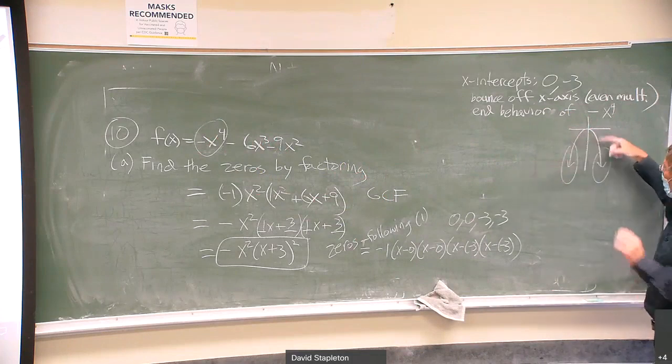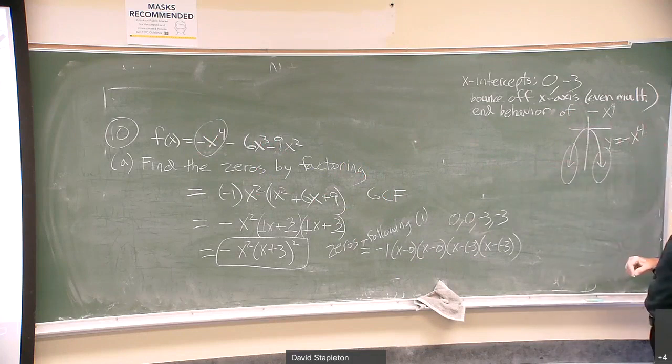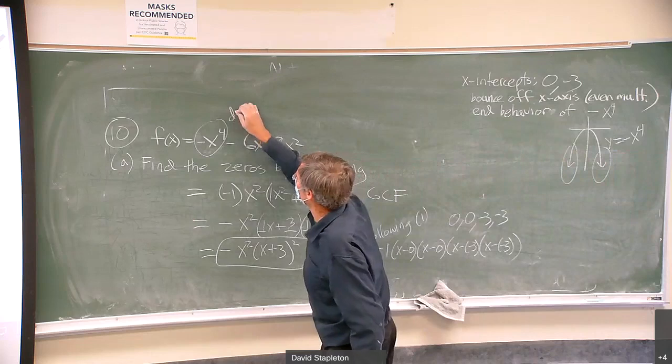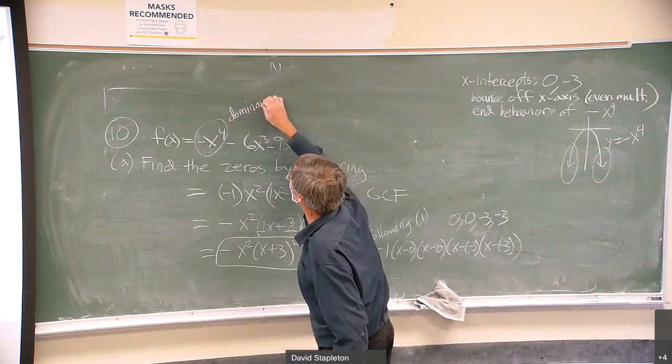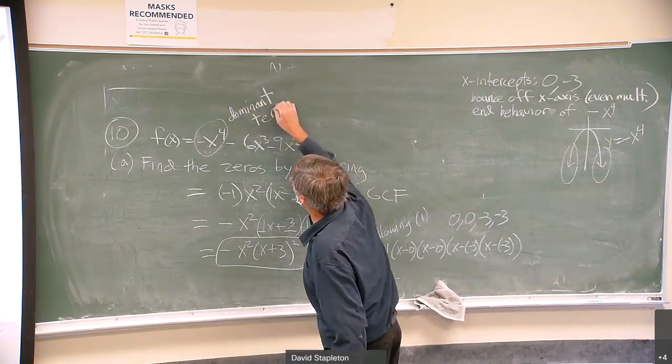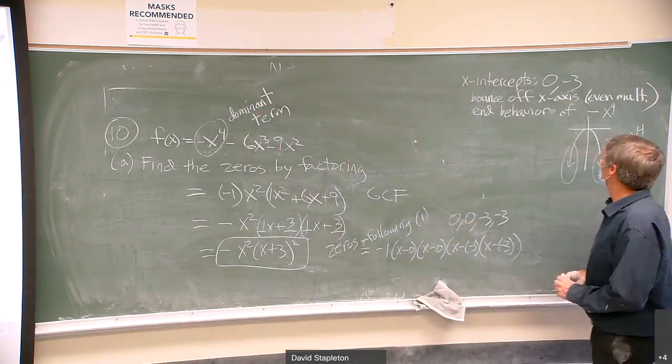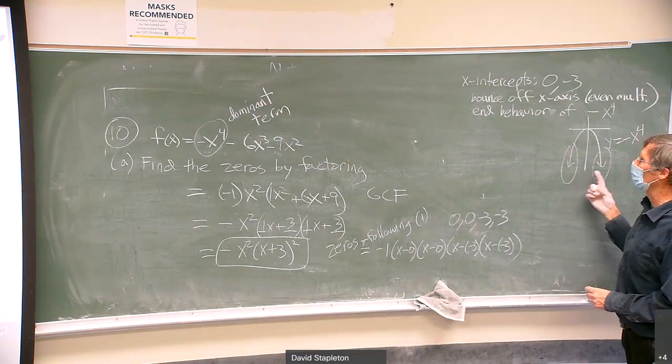Our graph may wiggle in the middle. This is the graph of y equals minus x to the fourth, as x to the fourth term. That just tells us our graph is going to go down on both sides where this term dominates. This is what we call the dominant term. The highest power term is the dominant term. For x very big positive or very negative, this will overwhelm the size of the other ones. And so it goes like this on the ends.